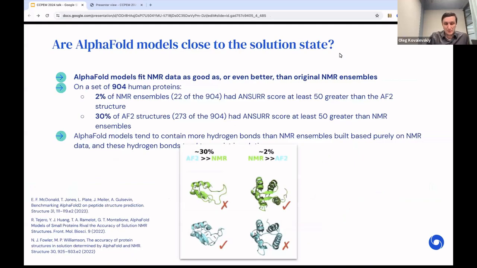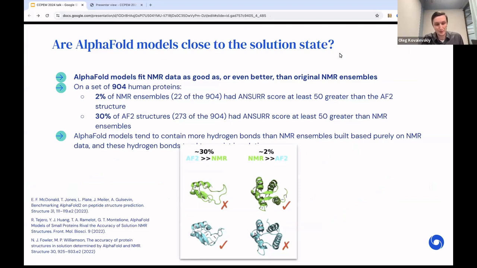As the majority of the PDB structures used for AlphaFold training represent crystal states, it was not obvious how well AlphaFold predictions would agree with NMR data obtained in solution. Apparently, high-confidence AlphaFold structures often fit NMR data as well as, or even better than, the original NMR ensembles.